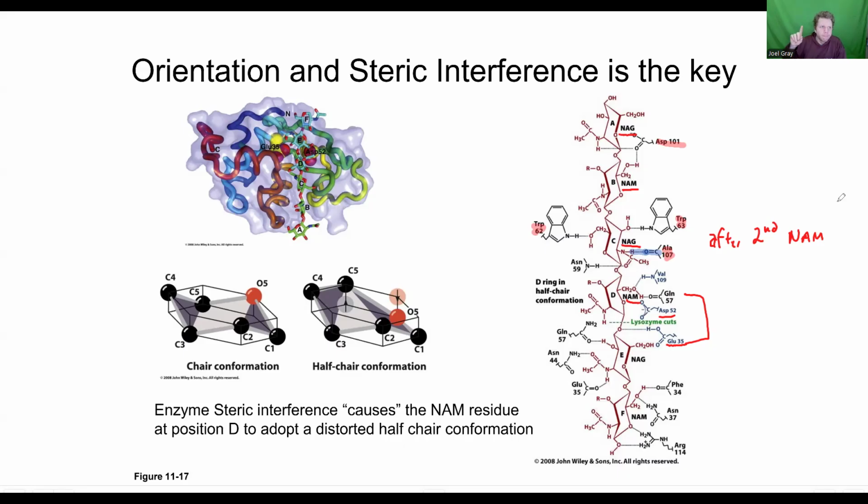So before we proceed, we previously talked about backbone hydrogen bonding. And when we talked about the backbone hydrogen bonding, what context were we talking about it in?